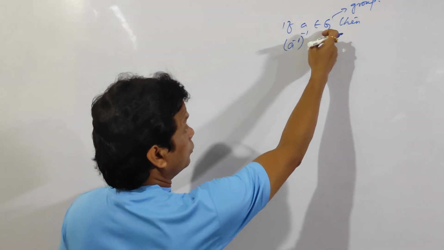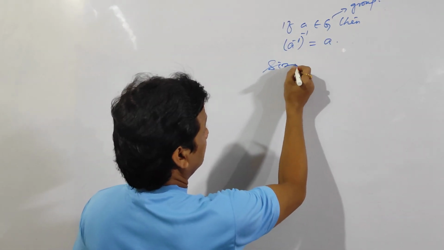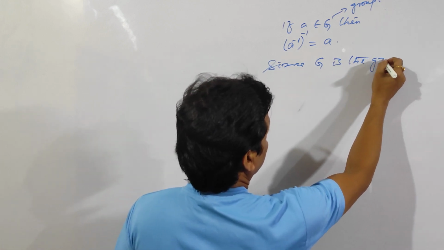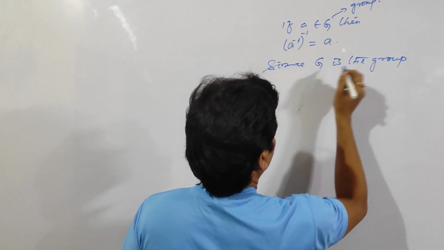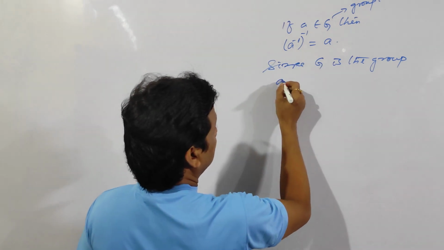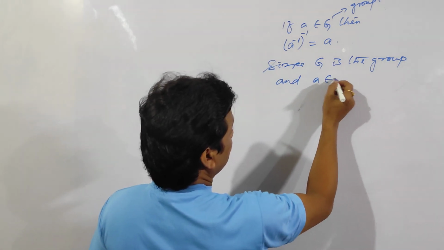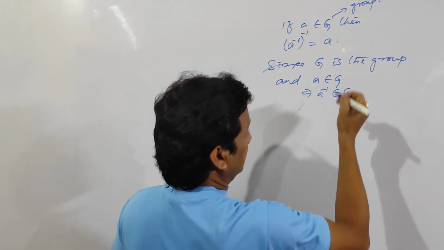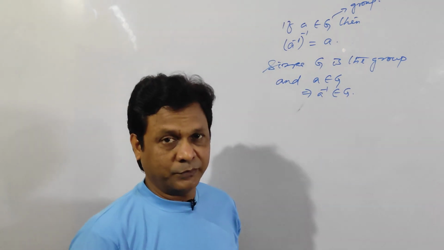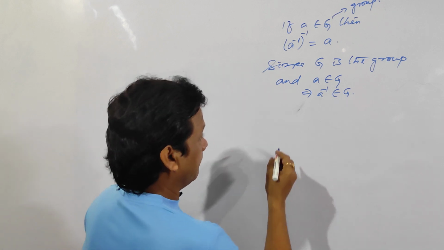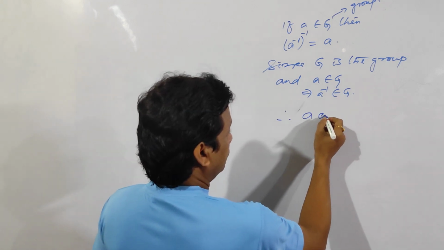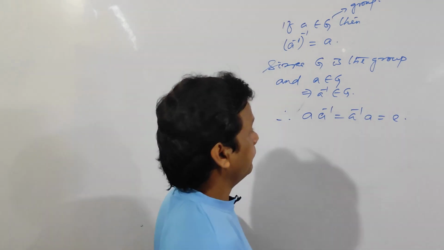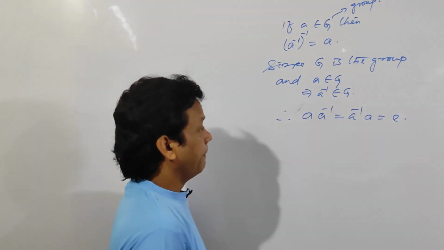Since G is a group and A belongs to G, it implies A inverse exists and it is an element of G, by the inverse axiom. So A into A inverse is equal to A inverse into A is equal to E. Clear?